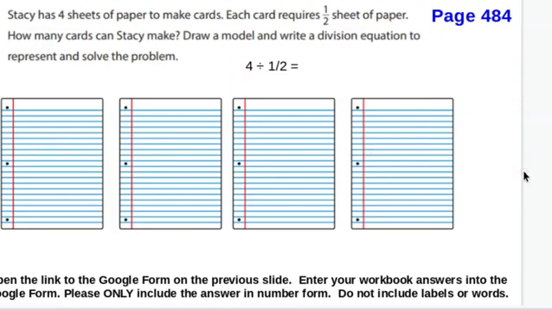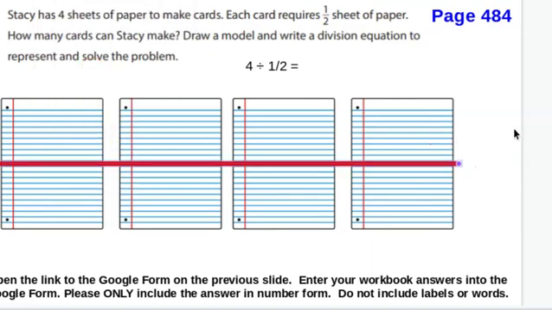So Stacy was cutting each of these pieces of paper in half. So if I draw this line right here, you can see that each of those papers were cut in half. Let me change the color and make it a little bigger so you can see. So this piece here is for a card, and this is for a card.